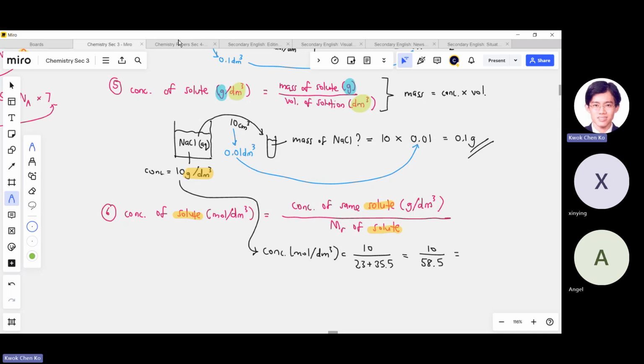Just look up the number. Dylan, what's the answer? 0.17. Okay. How many formulas? 6. Okay, 2 more to go.